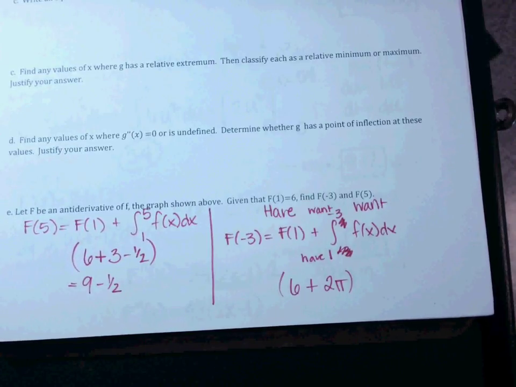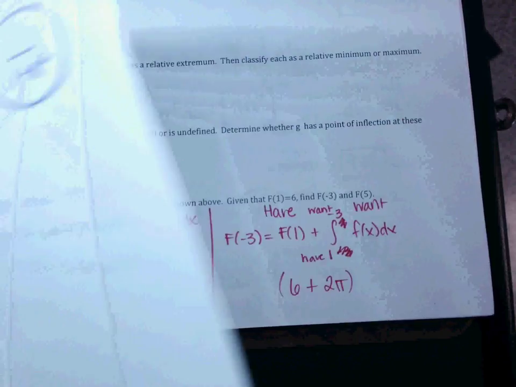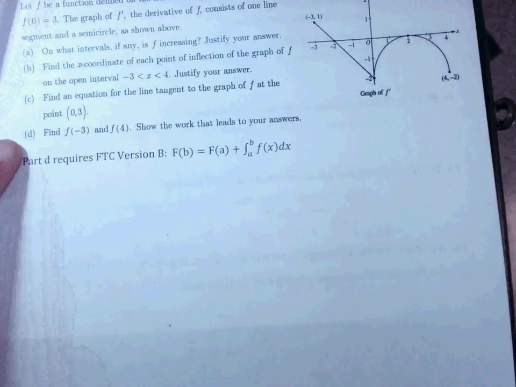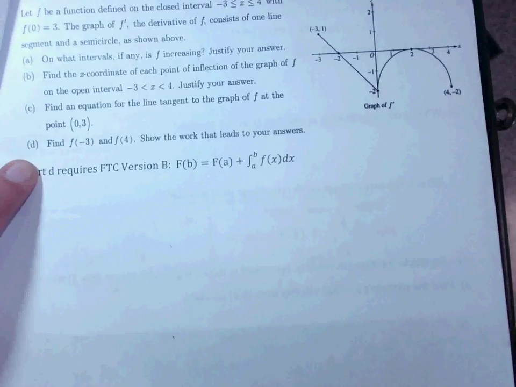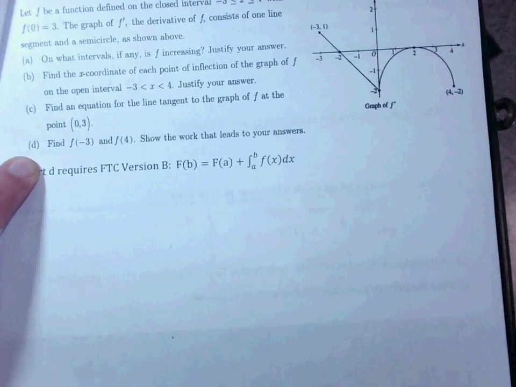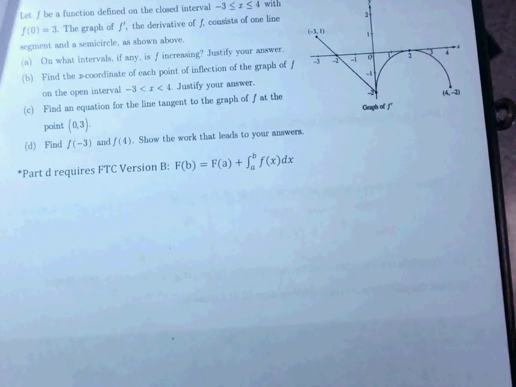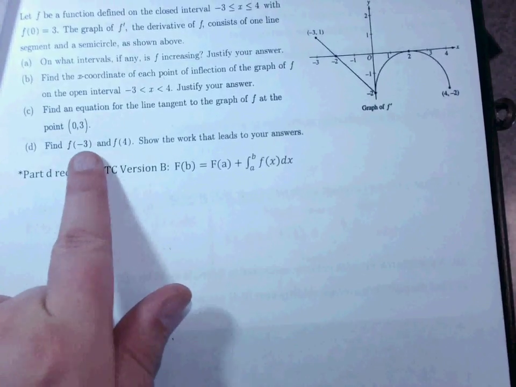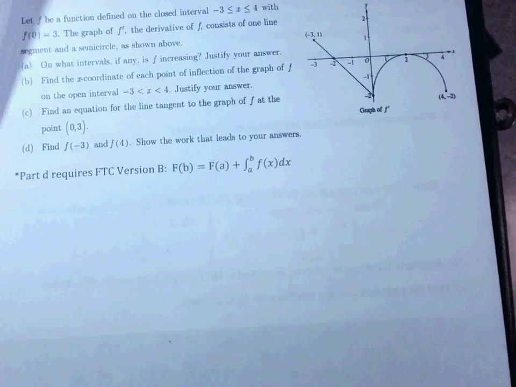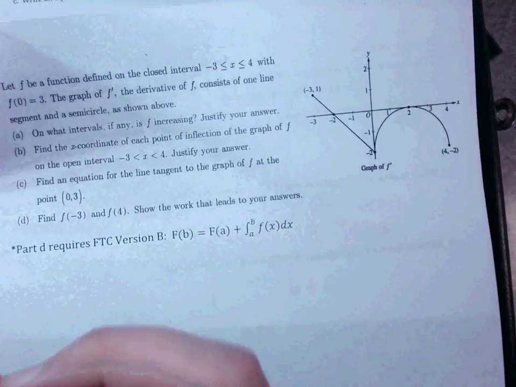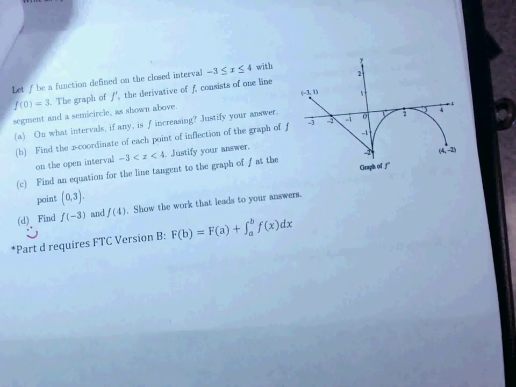So if you look at this one right here, this is where you're going to do that. I don't want you to do it right now. I just want you to make a note that you probably couldn't have done that before today. So for part D right here, you should now be able to do that.